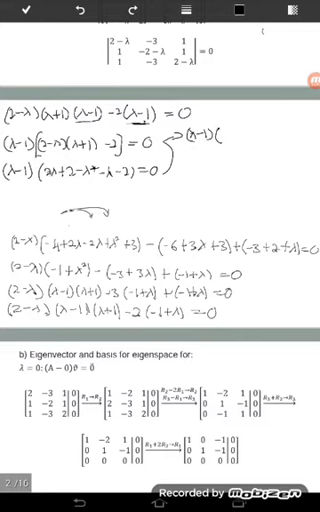So only left is 2 lambda minus lambda, so become lambda. And then minus by lambda square, which is equal to 0. So sini ada lambda, sini pun ada lambda. So you can factor out lambda. So become lambda in bracket 1 minus lambda, which is equal to 0.